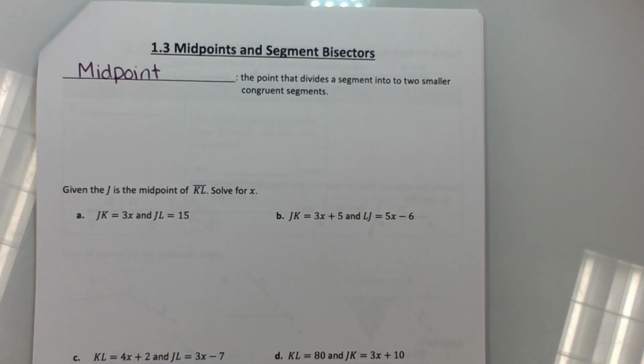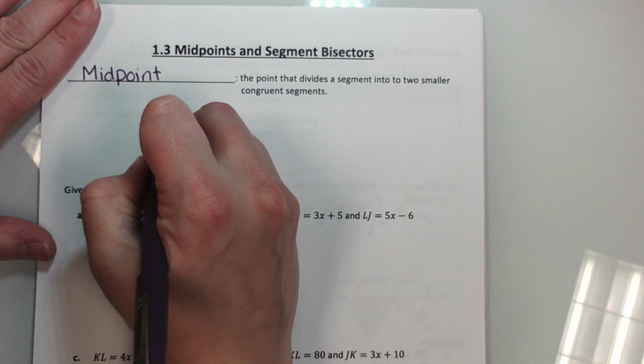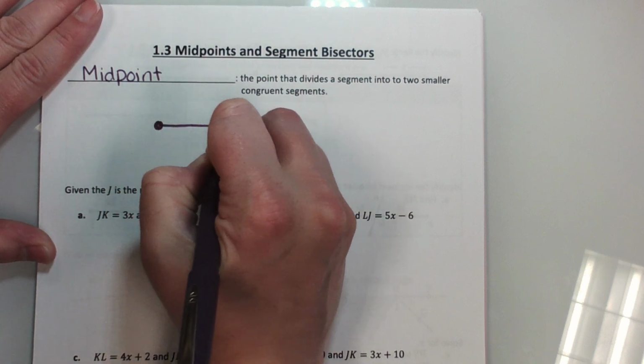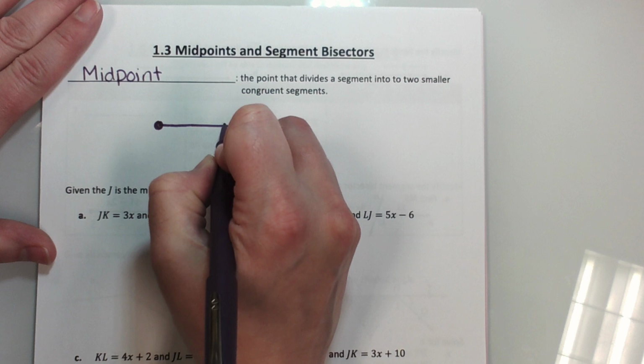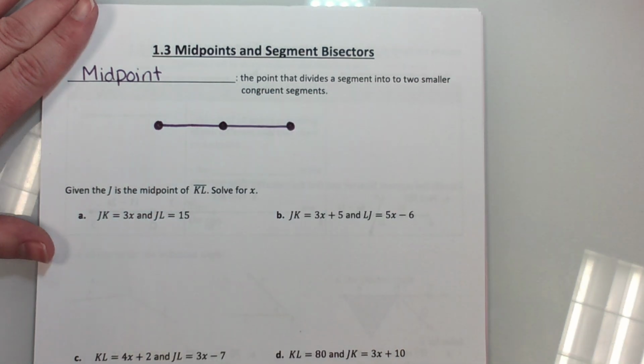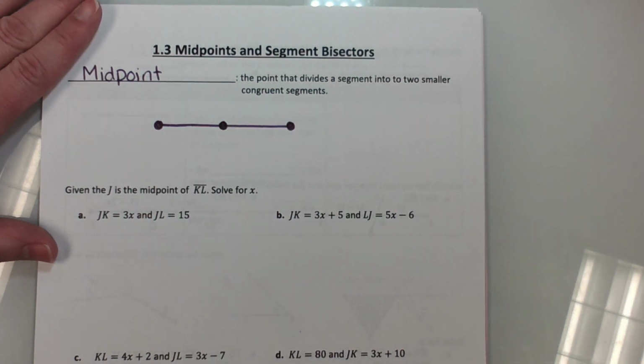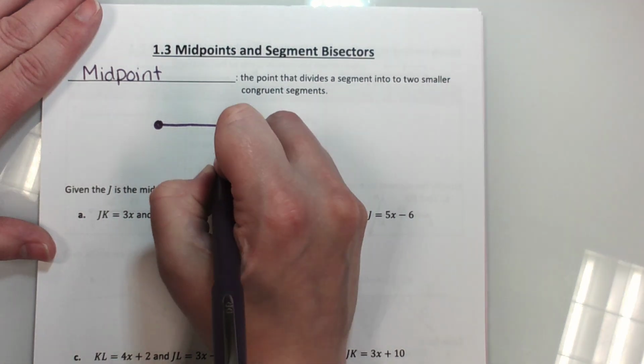Now, even if you don't read the definition, break down the word midpoint. What does mid typically imply? Middle. Midpoint is middle point. So it's when you've got a segment in which the point that's between the two endpoints is in the exact middle.